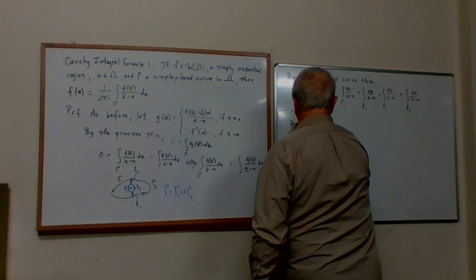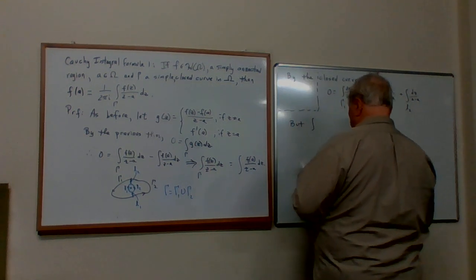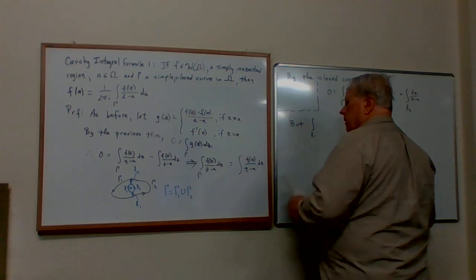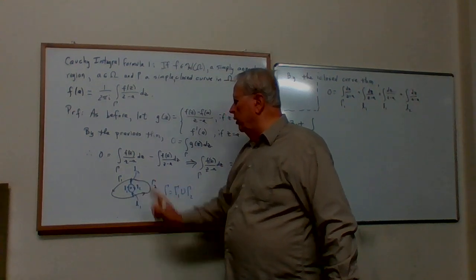But let's do one of these integrals. The integral over little gamma 1, say. This is a little circle around a.